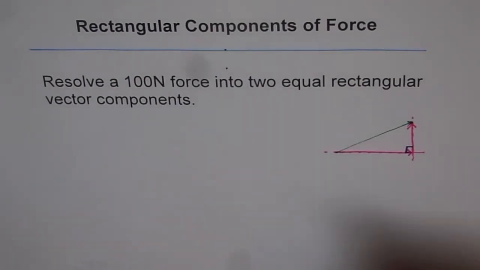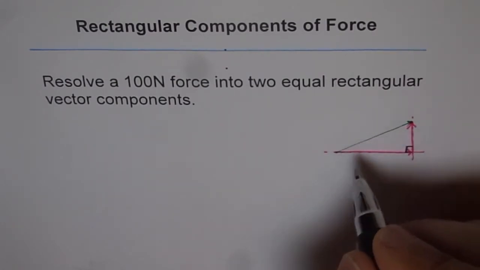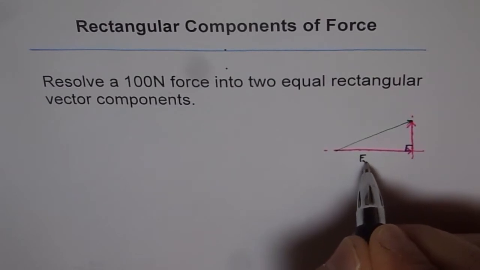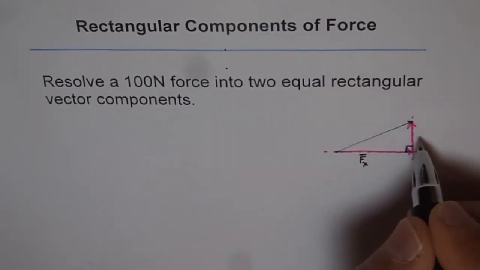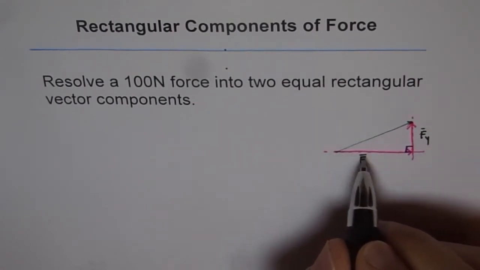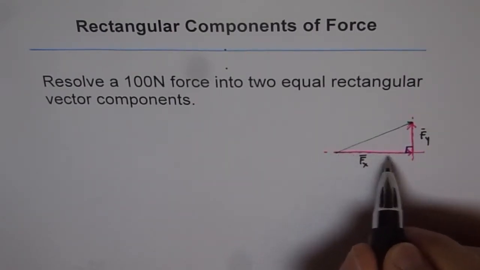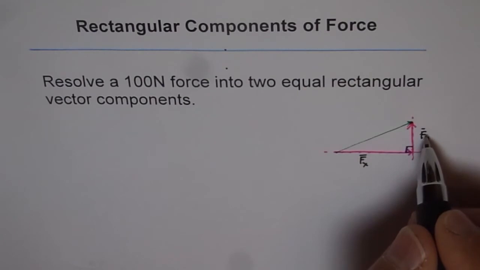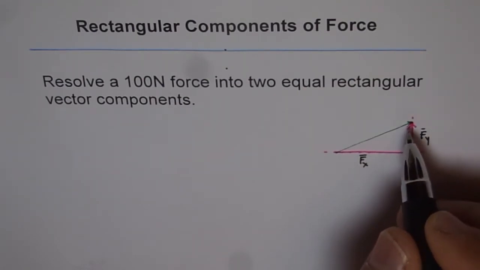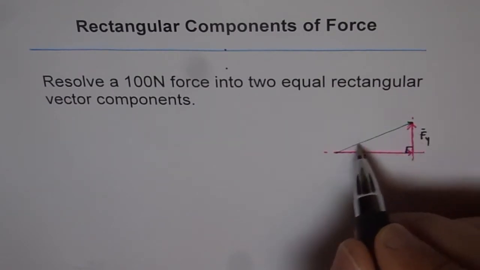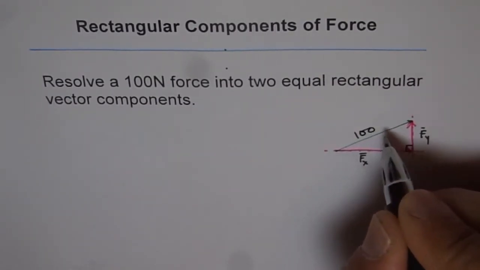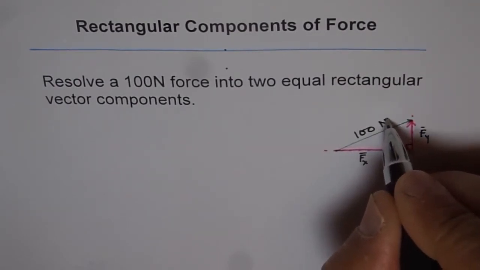So let me call this horizontal component Fx and the vertical component Fy. So this is a force acting along the horizontal direction, and Fy is the force acting along the y direction, and the combined effect of these two is the force which is given to us, and in this case it is 100 newtons.